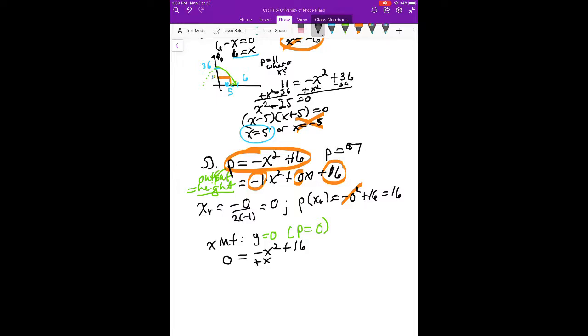We can add x squared to both sides. Okay, so one thing we can do is we can factor out a negative 1. So if we factor out a negative 1, we get negative times x squared minus 16.